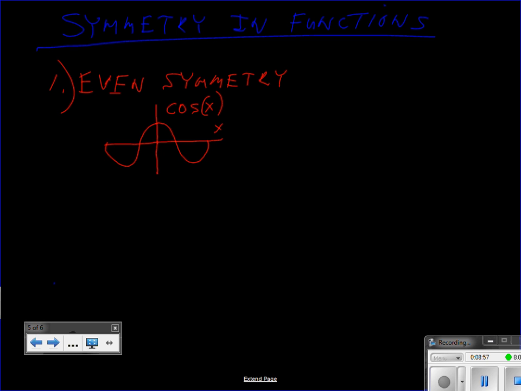This is a symmetric function, meaning if I take any value x, and this could be minus x, I better get the same value at x and minus x. So there's the definition of symmetry: the function at x is equal to the function at negative x.